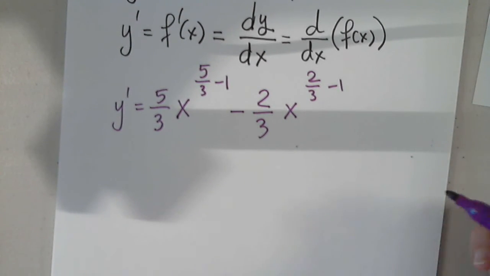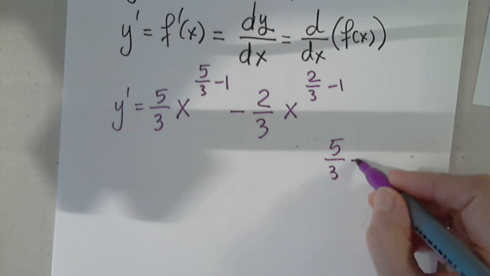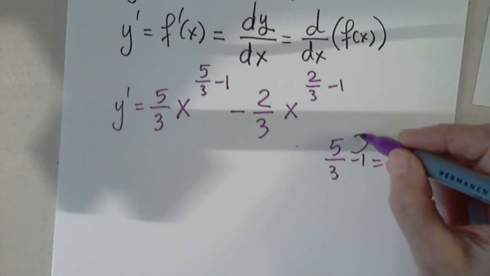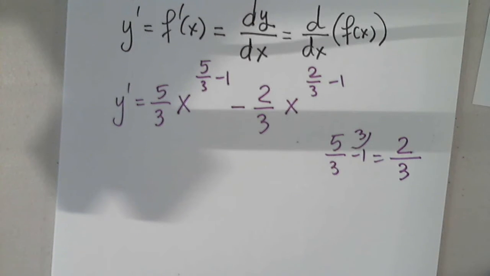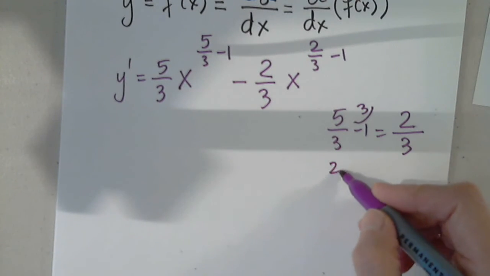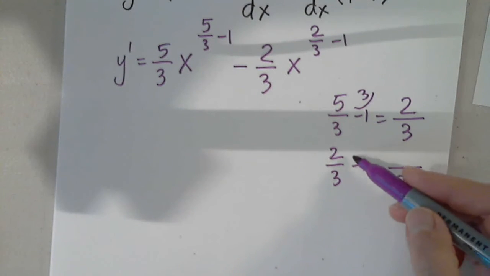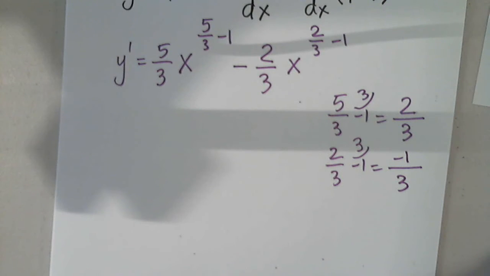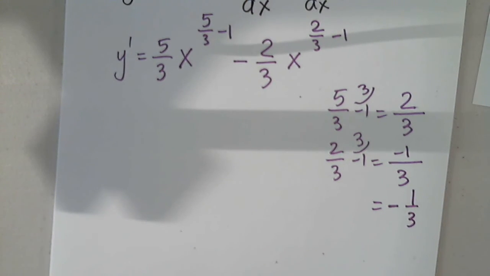I hope no one has difficulties with operations with fractions. So this is minus 1. The least common denominator is 3. So this one needs to be multiplied at the top by 3. So 5 minus 3 is 2. Same thing. 2/3 minus 1. The least common denominator is 3. This has to be multiplied by 3. 2 minus 3 is negative 1. Also written with minus in front, 1/3.